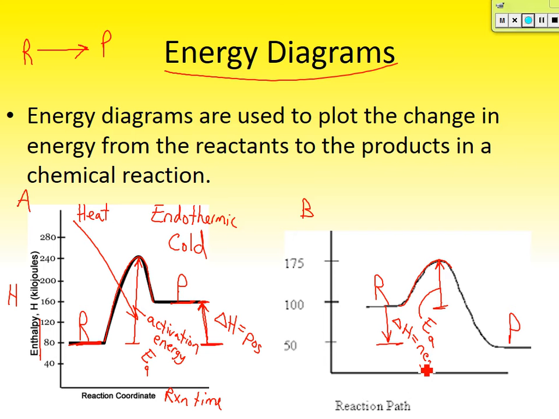Now, can we just destroy energy? That's what it looks like is happening. It had 100, now it's down to 50. Where did it go? It left in the form of what? It left in the form of heat. What kind of chemical reaction means heat exit?